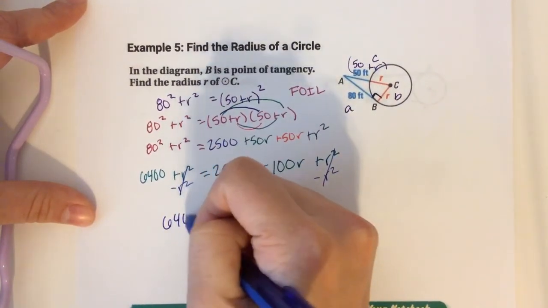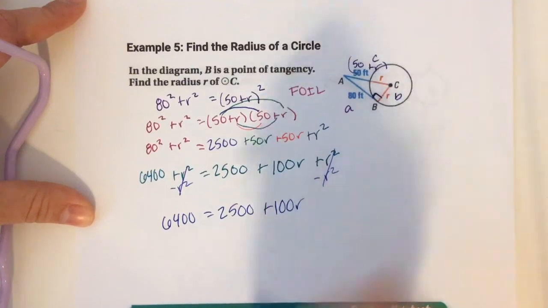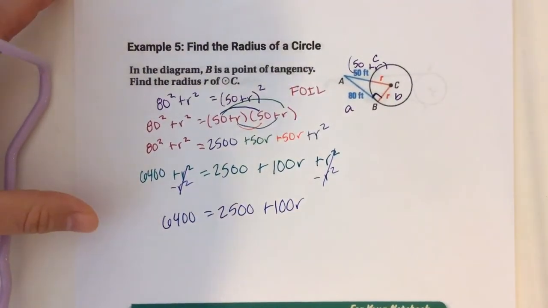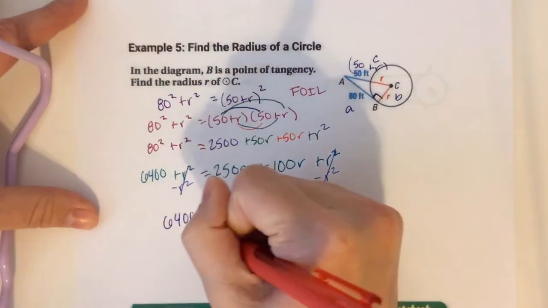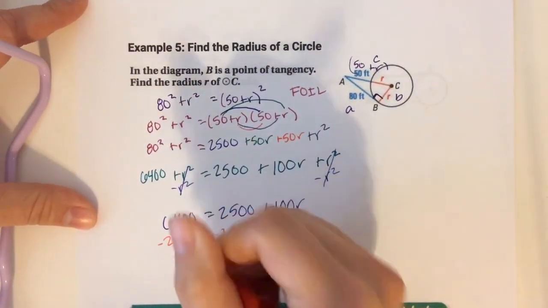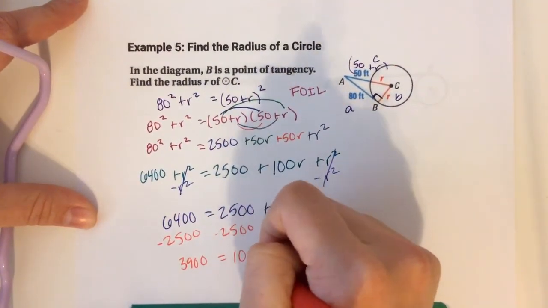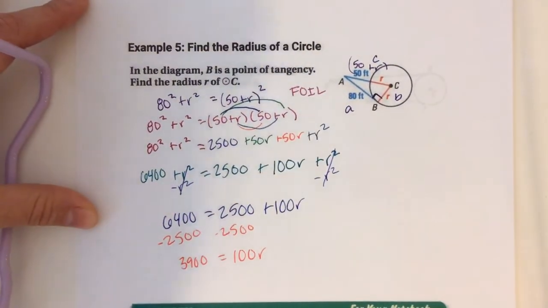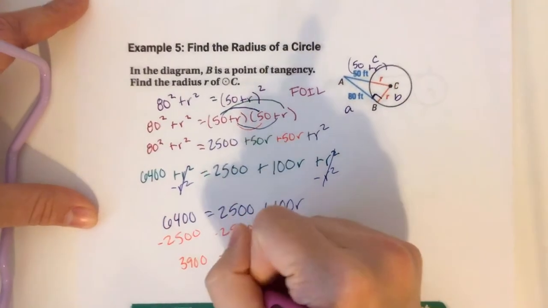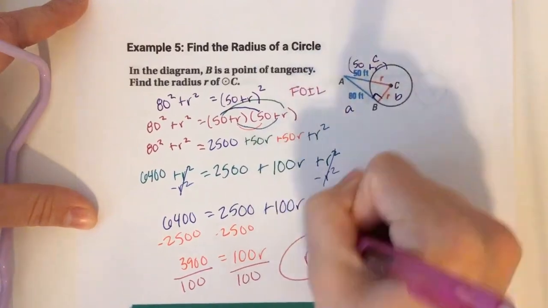They just cancel each other out, which is good. Now it just turns into a two-step equation that I know you all can solve. We subtract 2,500 to get 3,900 equals 100R. Then we'll divide by 100 to get that R equals 39.